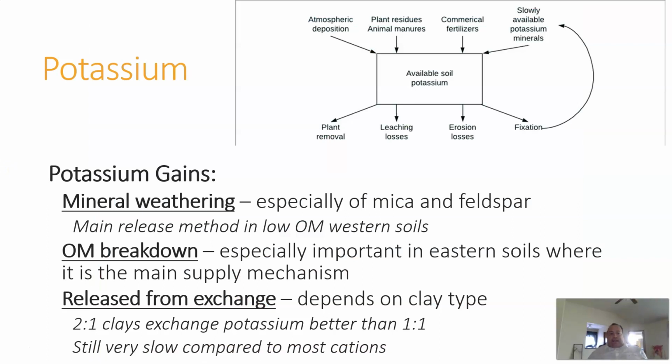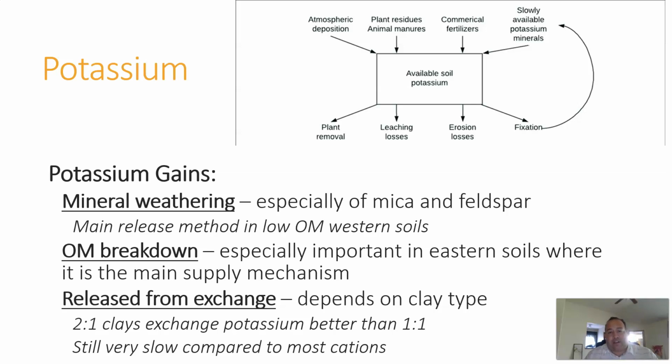So how do we get potassium? You can get it through mineral weathering, and we said especially mica and feldspar, and that's going to be the main method in low organic matter western soils. It's just going to be this kind of longer term mineral weathering. Then there's organic matter breakdown, because if it's in the organic matter, then you can get it out.